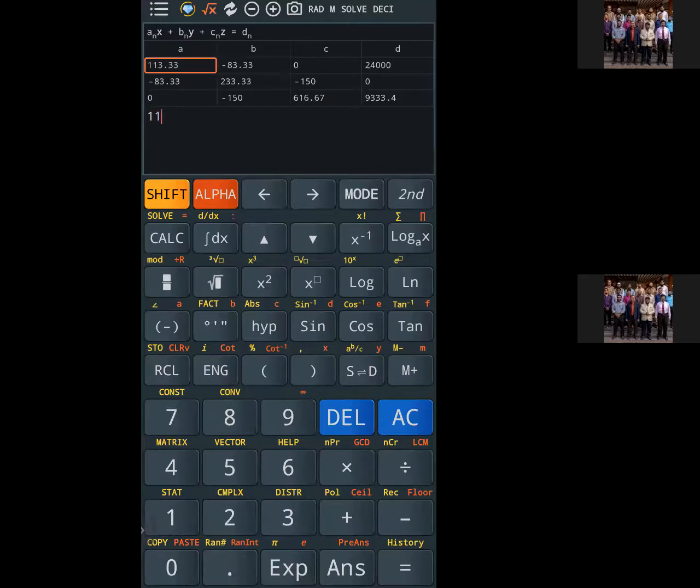First term is 112.5. Second is 0. This one is 0. And this is 30. Then next is 0. Then 57.6. Then 43.2.